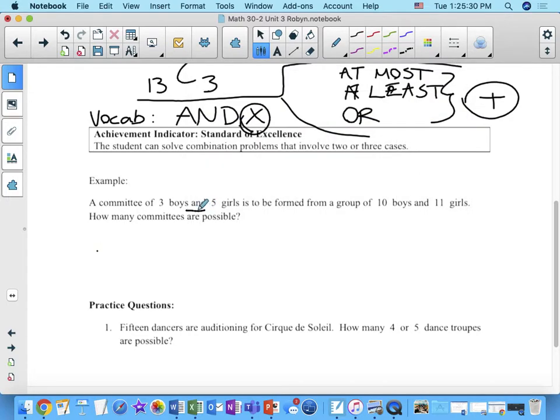3 boys and 5 girls. So I've got to figure out how many different committees can I make with 3 boys and how many different committees can I make with 5 girls, and then I multiply them together.